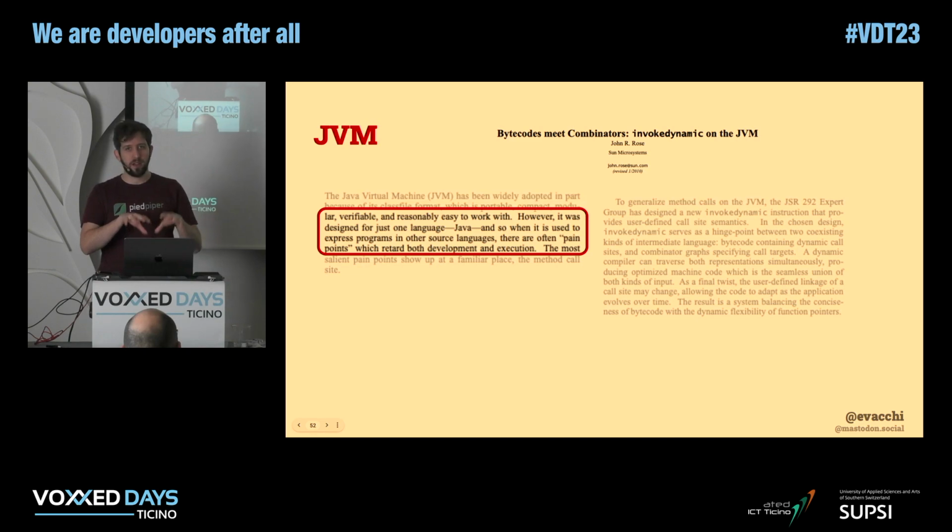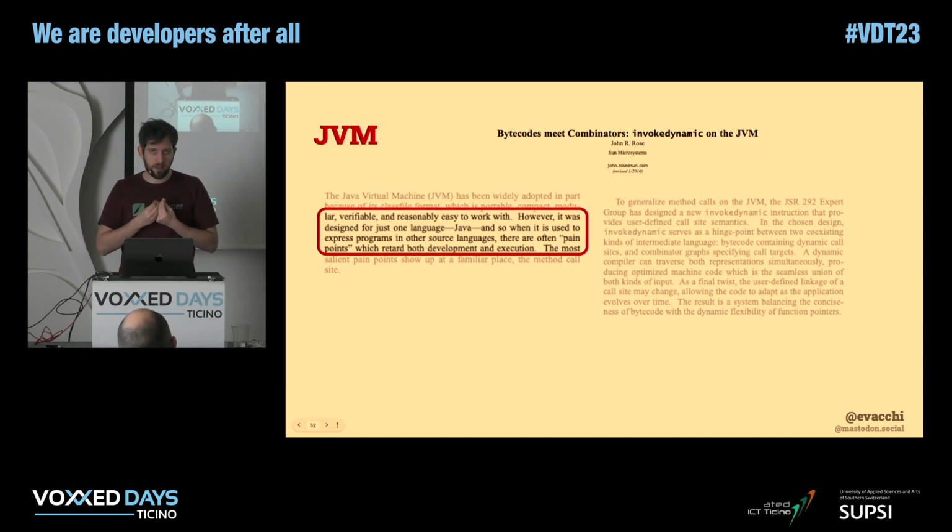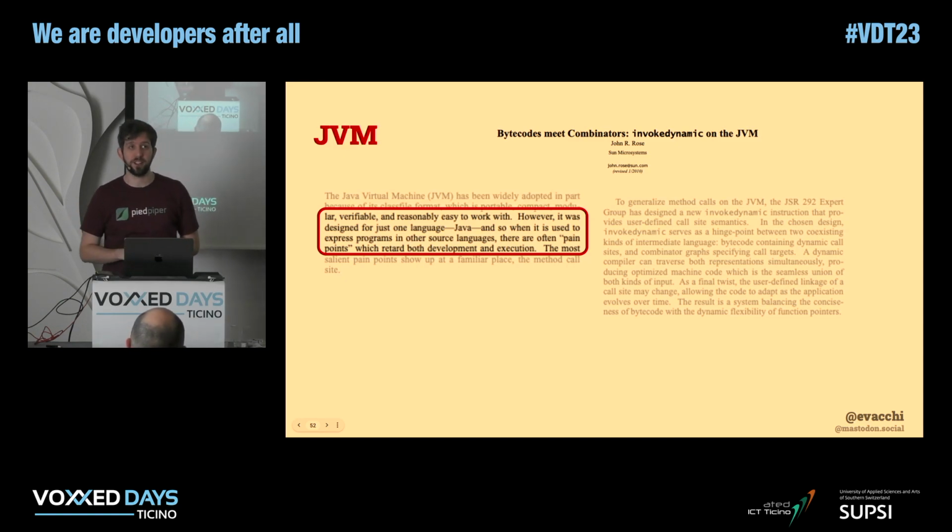This paper was introducing a new bytecode instruction called invokedynamic. That instruction was specifically introduced to support dynamic languages such as Groovy, JRuby, and Jython, and it shows that the JVM wasn't really meant to run those languages. It was the first time acknowledging that people were trying to use it for that, but it didn't really fit.